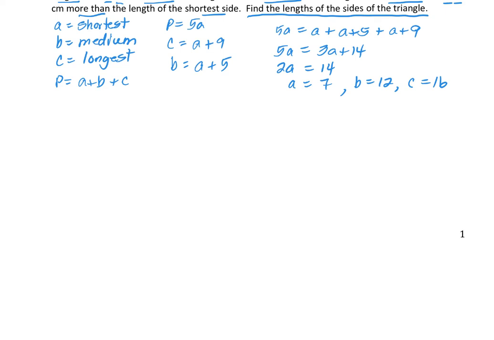But I could check them. I could simply add up all the sides and see if it's equal to 5 times A, so that would be 35. Is that equal to 7 plus 12 plus 16? And it is. You get 35 equal to 35.